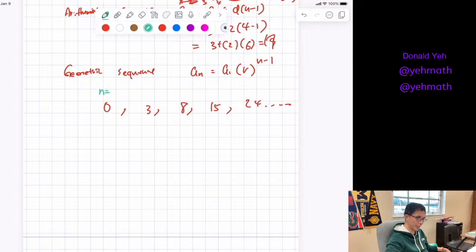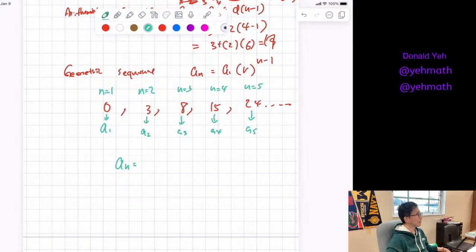This is the first term, n equal to 1, n equal to 2, n equal to 3, n equal to 4, n equal to 5. This also has a name: the A1 term, A2 term, A3 term, A4 term, and A5 term. Is it possible to come up with a_n? So it turns out this is not geometric or arithmetic. Just some random stuff.